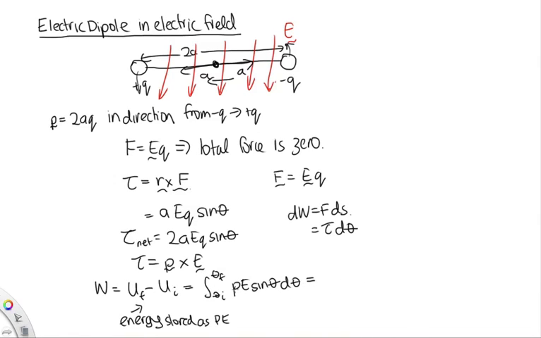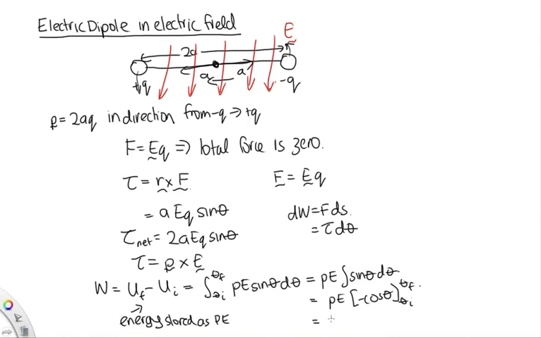Now, the dipole moment and the electric field are constant, and so we've got the integral of sine theta d theta, and so this is equal to PE minus cos theta, and the limits were from the initial angle to the final angle.